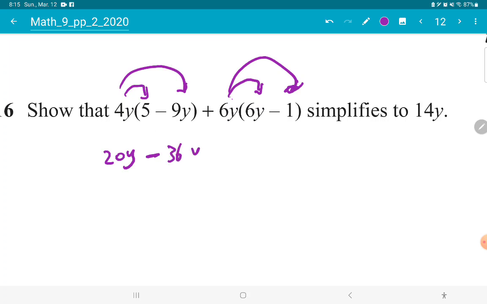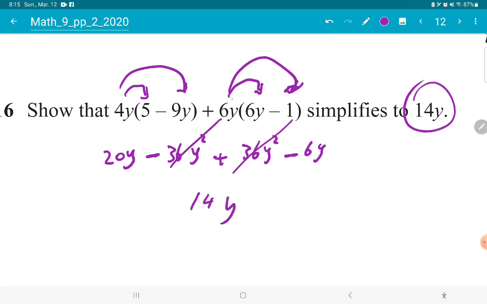And y times y, y squared. And then plus 6 times 6, 36. Y times y, y squared. And then plus minus, that's minus 6y times 1, that's 6y. Reduce 36 plus 36 minus, and then 6y, 20y. We'll get 14y. Is it 14? Yeah, that's 14y. That's it.